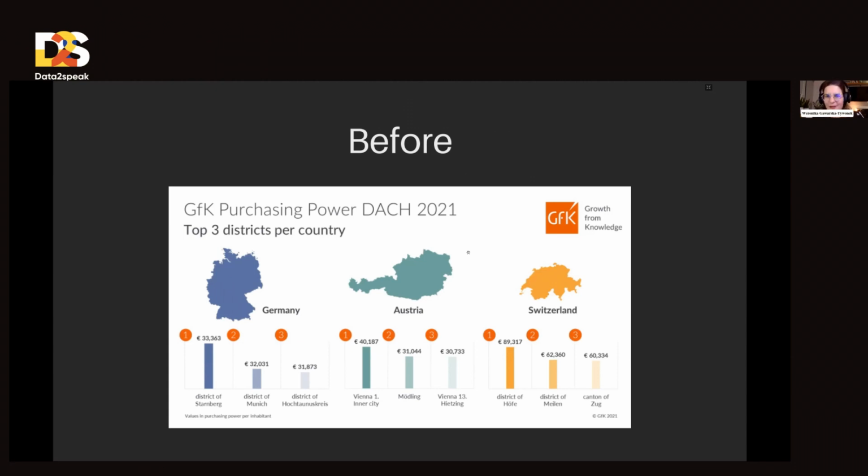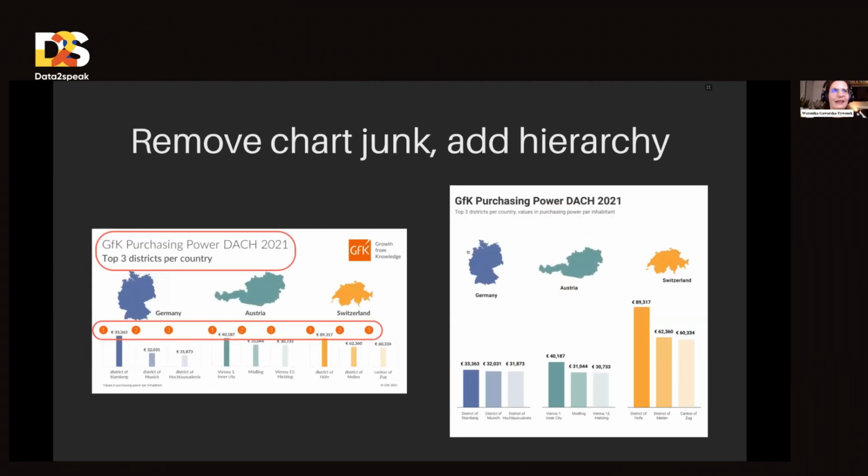Yes, 1 to 3 numbers, yes. Map doesn't bring value, exactly. Color, exactly. Yes, so all of you are right. So I made step-by-step changes.